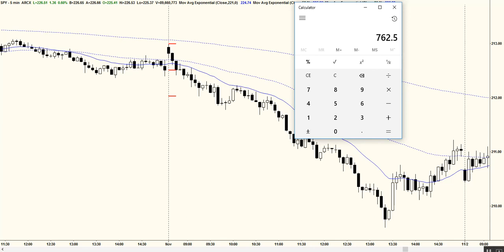If you can manage to sell around here and get out here, or sell here, get out here, but get back in and get out, if you can net 15 points on a day like today, or something around that, then hey, more power to you and keep doing what you're doing.